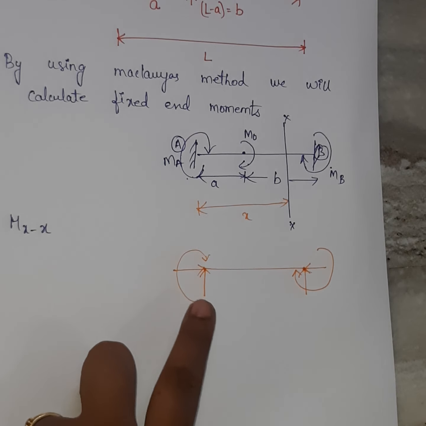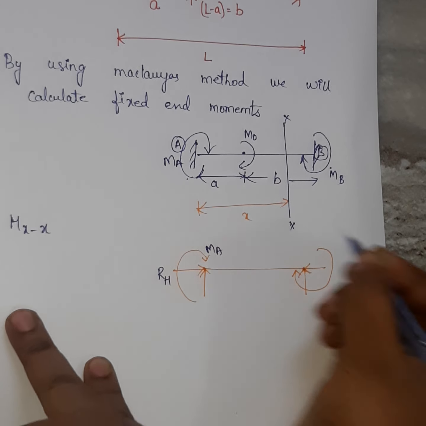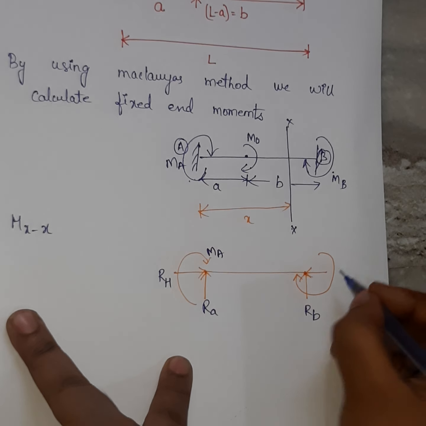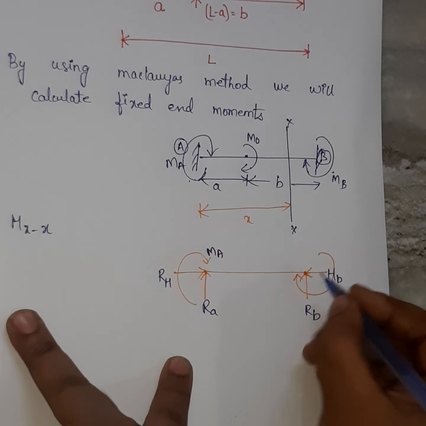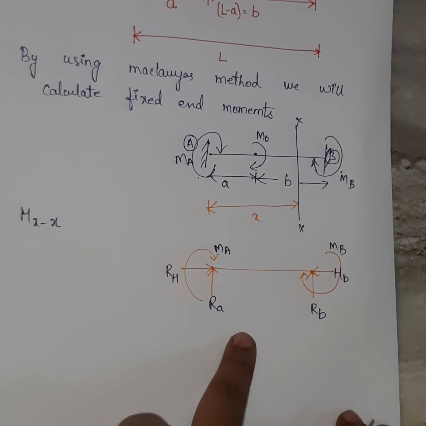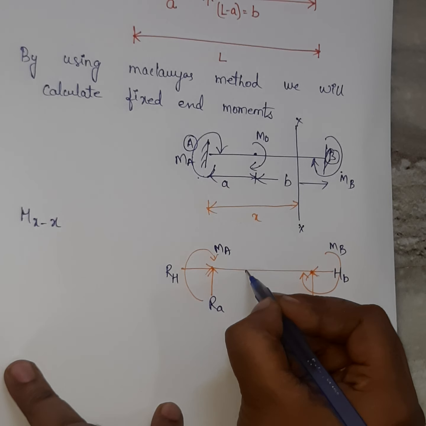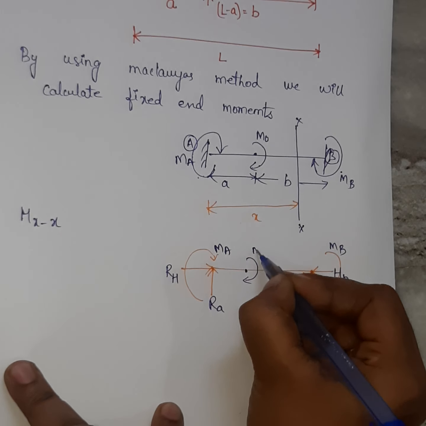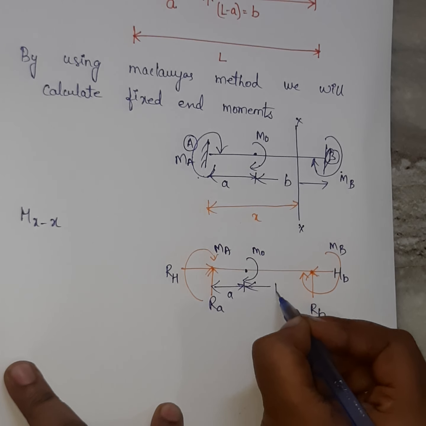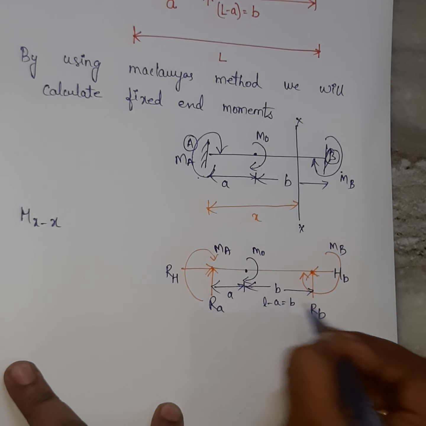This is my horizontal force and this is my moment at A. This is RA, this is RB and this is my horizontal force at B. And this is my moment at B. Okay, here horizontal forces are neglected, right? So here I am drawing like this, M0, and this is my A point and this is my B point. So b is nothing but L minus a.